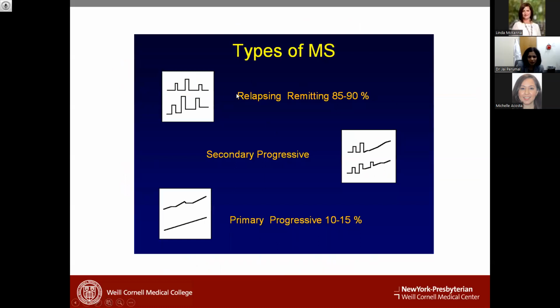So this is kind of a cartoon of what happens in MS. In relapsing patients, the patient might have a relapse, their problems go up and then they get down. So it's an up and down pattern. If you follow relapsing patients long enough, especially patients who have not been treated effectively in the beginning, that up and down pattern changes to one where they are slowly getting worse, and that is called the progressive phase.